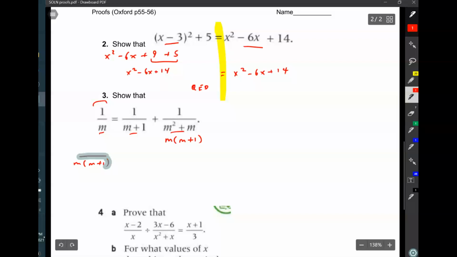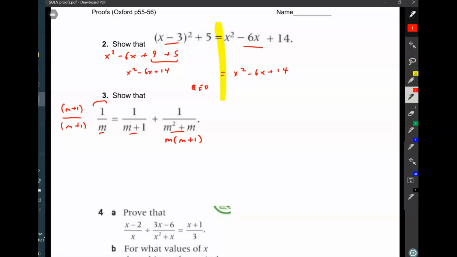What I could do, and the only thing I'm allowed to do, is multiply the left side by 1. The 1 is going to be a fraction, m plus 1 over m plus 1. If I multiply the left side by this fraction, which is equivalent to 1, I don't have to multiply both sides by 1.